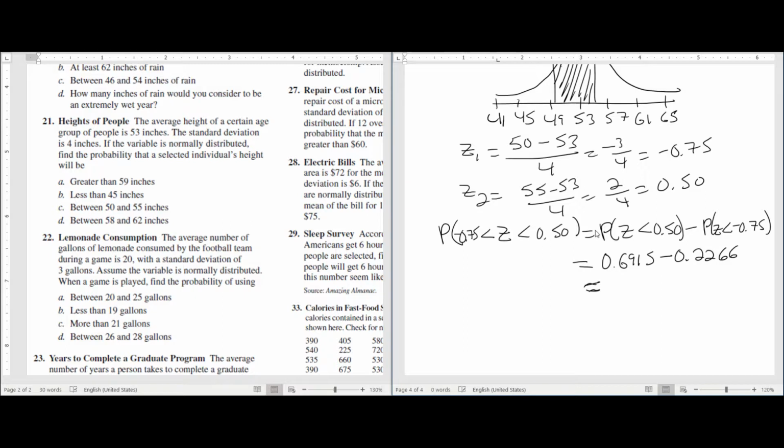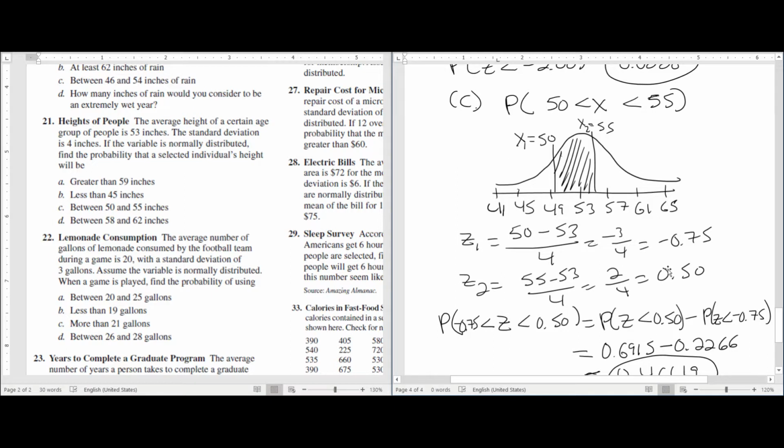All right, so we're going to go ahead and subtract those real quick. 0.69, so you should get 0.4649. All right, so that's the probability of someone having a height between 50 and 55 inches.